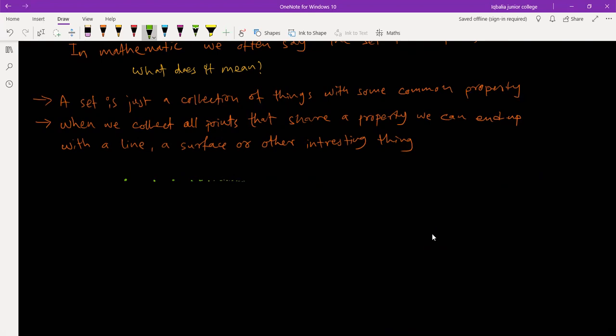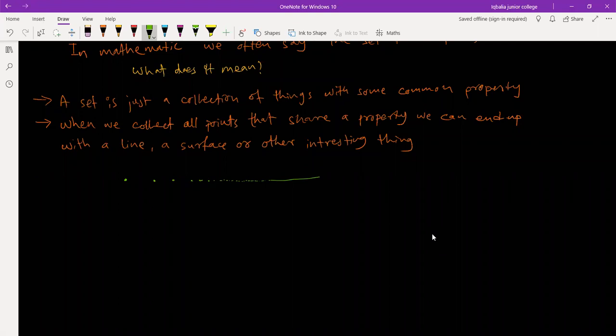I'm decreasing the distance between two points. Point, point, point, point. And after some time, this will look like a set of points with a common property.